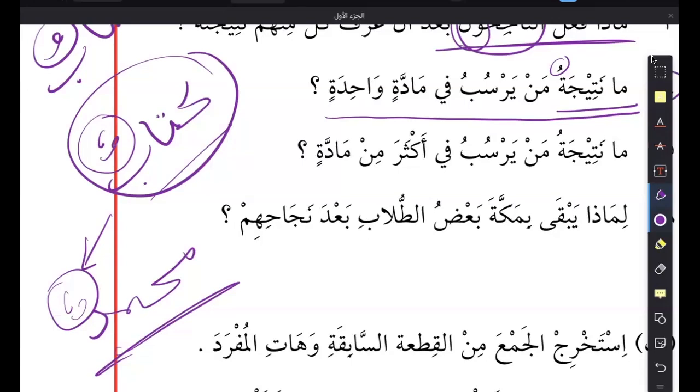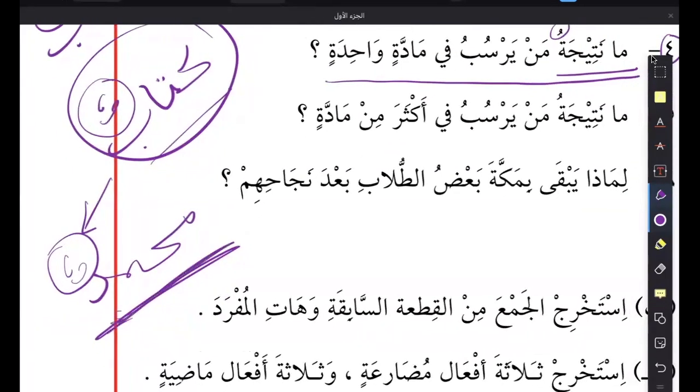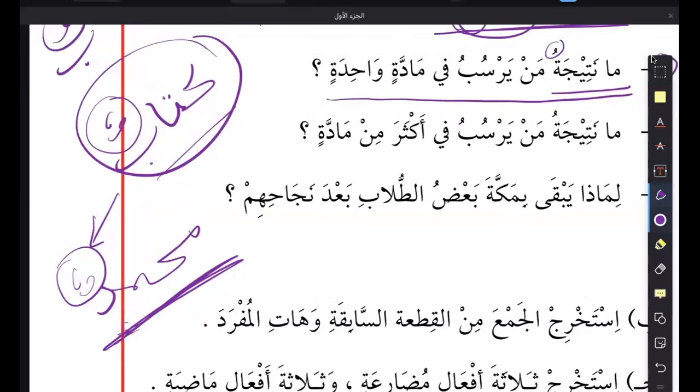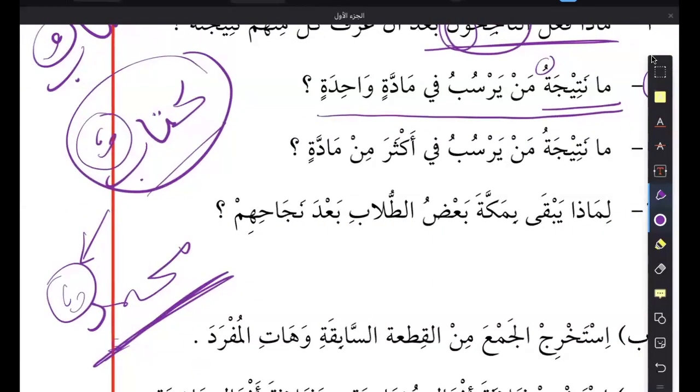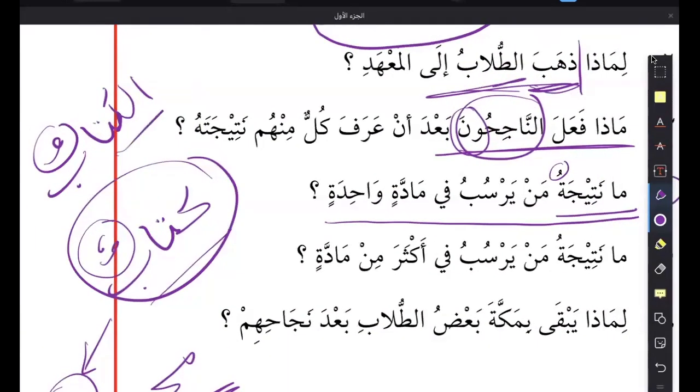Any ism, whether it's an adjective or not, its original form is that it wants to be in tanween. Whether it's definite or indefinite, that's not the question. The only time that they can't get tanween is if it's mamnu' min as-sarf, which we've discussed, or if you add alif lam, or if it is mudaf. Alif lam or mudaf. These are the only two times that a noun cannot take tanween.